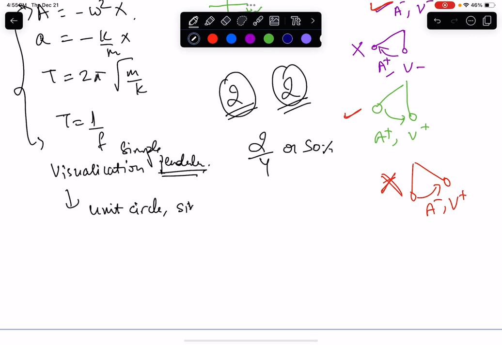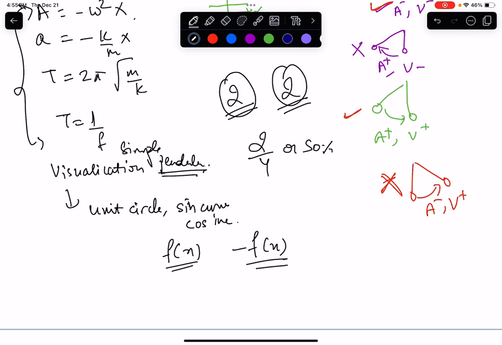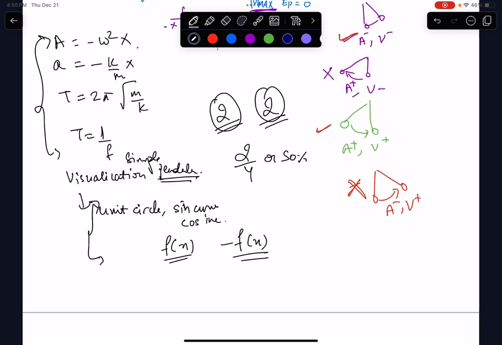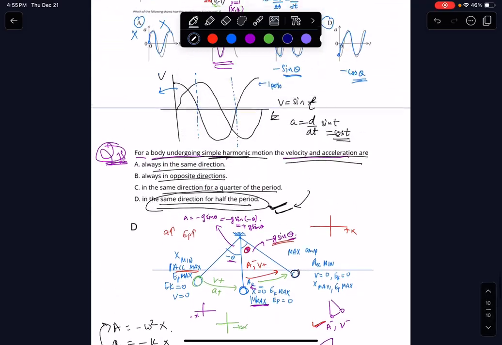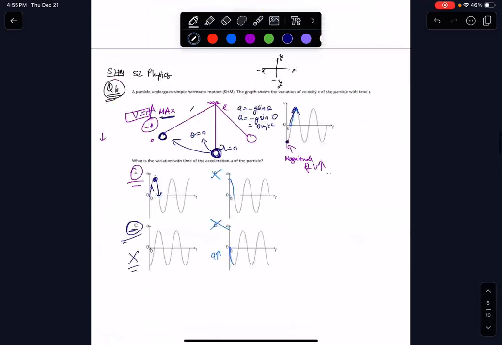Sine curve, how to draw a sine curve, cosine curve. Then those reflections where you have to graph f of x and negative f of x. So you need to have a good background in trigonometry, right? So sometimes instead of visualizing with a simple pendulum, you can just use math and do it that way, okay? So main idea is visualization. That's the main thing that you should be able to do in these questions, okay?